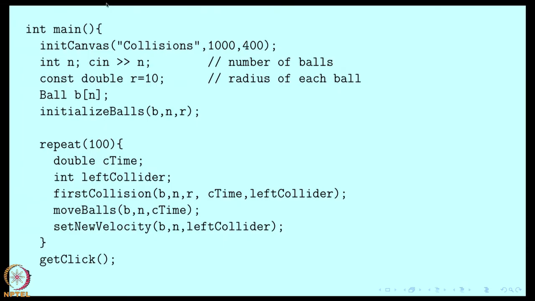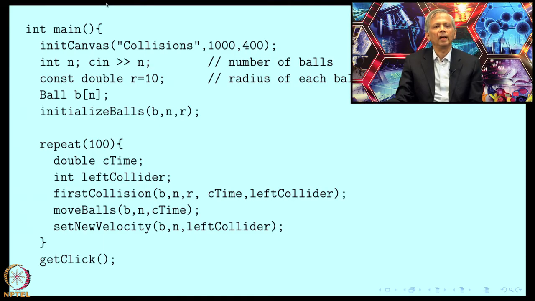We are going to begin by creating our canvas. So we are going to give it the title collisions, which will appear on top of the canvas, and its width will be 1000 pixels, height will be 400 pixels. We could have picked some other numbers also. And n is going to denote the number of balls. So we are going to declare it and we are going to read in a value into it.